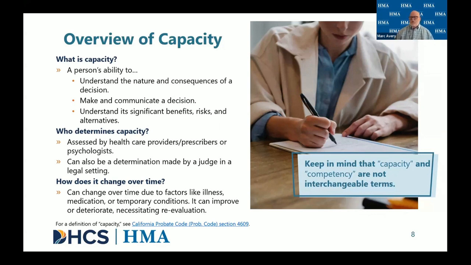So, for example, a person may present with delirium and not have capacity one day, and the next day the delirium clears and that capacity then restores. So it's important to not think about capacity as an ongoing, unchangeable feature. It's really quite the opposite.